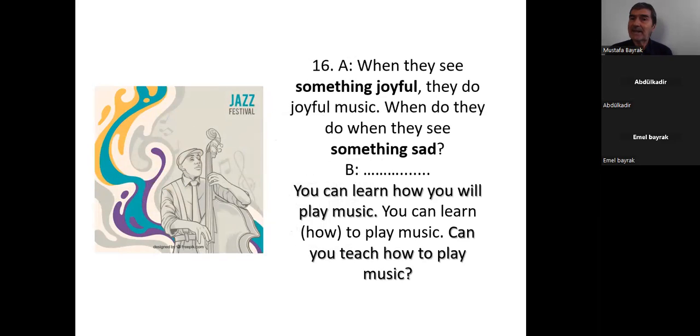Dialogue 16. When they see something joyful, do you remember something plus adjective? For example, the famous saying, there is something wrong with this oven. There is something wrong with this smartphone. Who can fix it? Something, adjective, famous. We have learned it. When they see something joyful, something happy, something cheerful, they do joyful music.